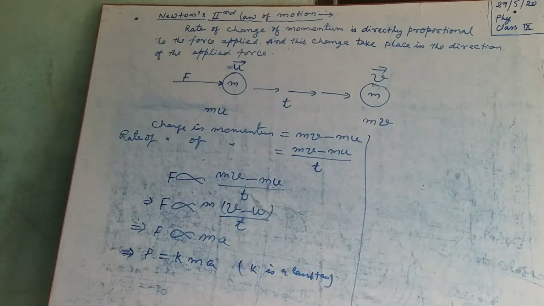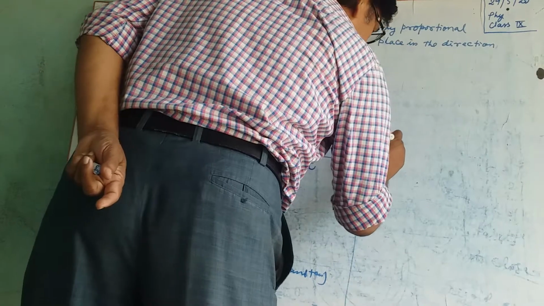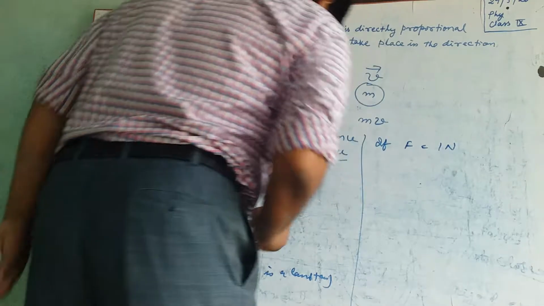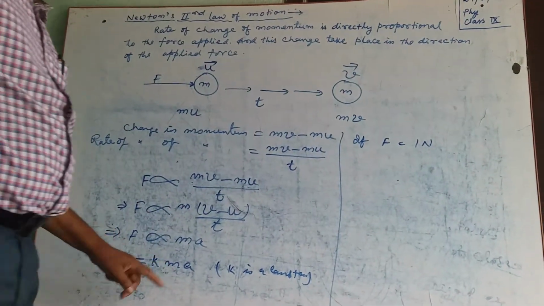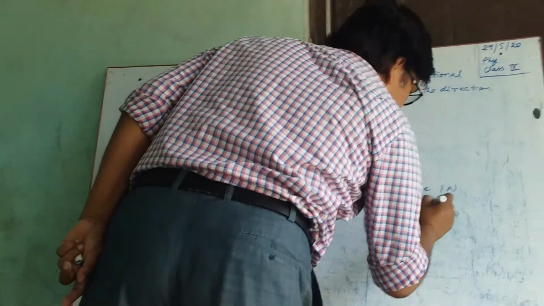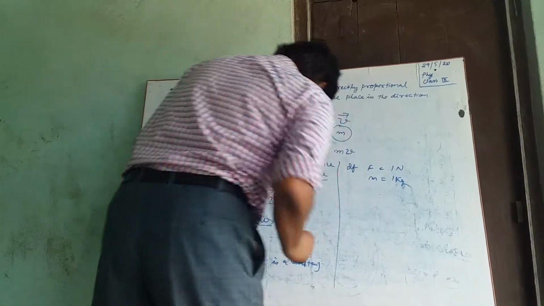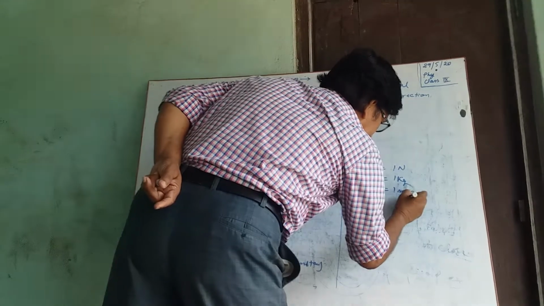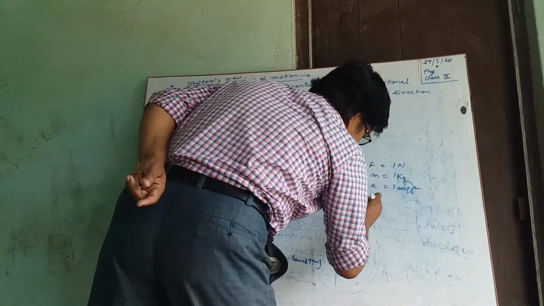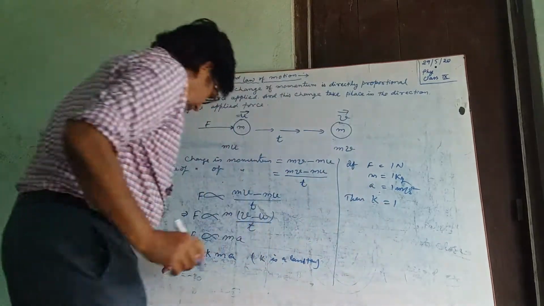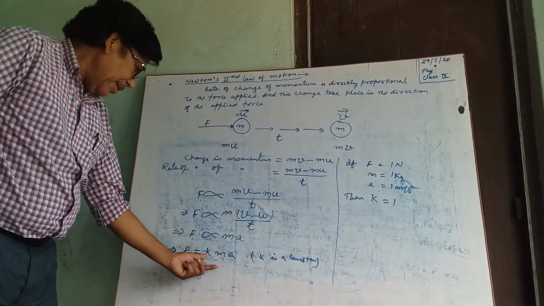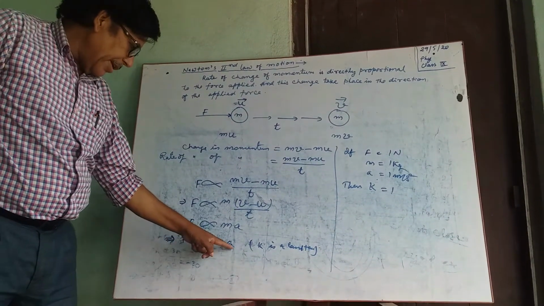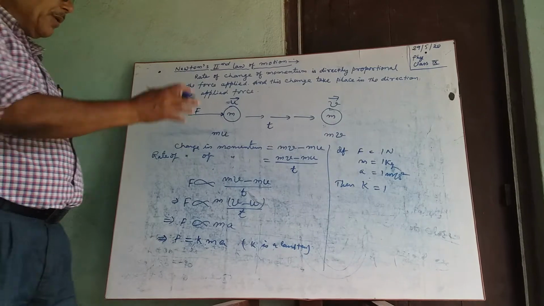Now if F is equal to 1 Newton, m is equal to 1 kg, and a is equal to 1 meter per second square, then k is equal to 1.